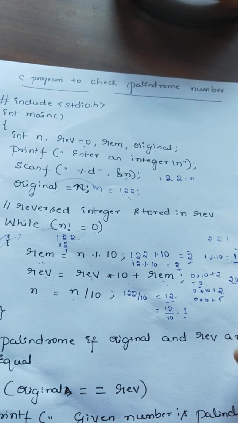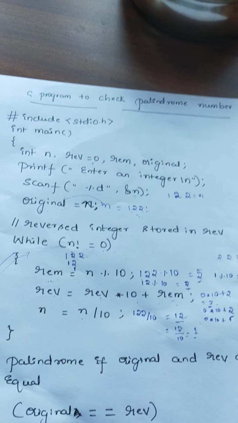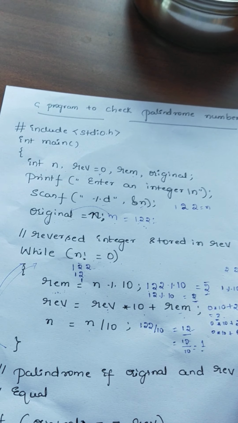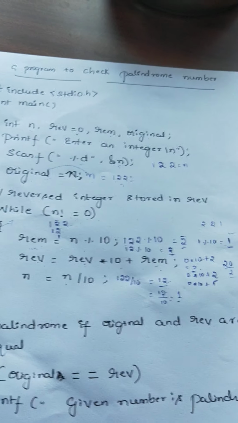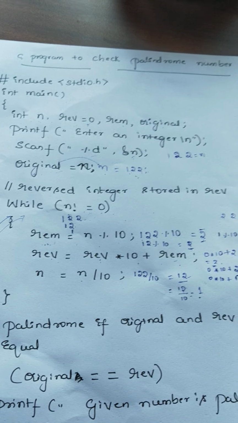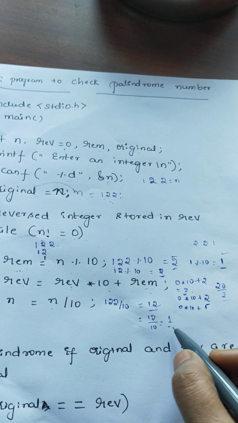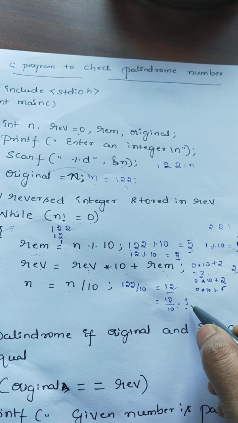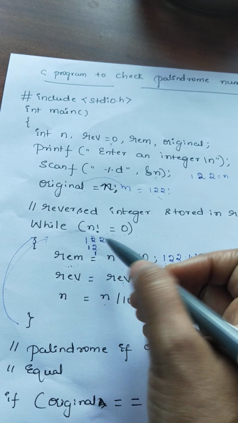What is the remainder we got in the previous step? 2. So 20 plus 2, so we got 22. Next, n is equal to n divided by 10. The new value is 12 divided by 10, so we got 1. Then again it will go back to the while loop.